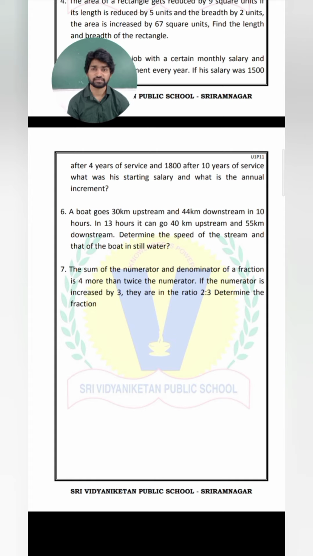What is the numerator? It is x. Twice is 2x, 4 more, so 2x plus 4. x plus y is equal to 2x plus 4. If the numerator is increased by 3, that is x plus 3, they are in the ratio 2:3, that is x plus 3 divided by y is equal to 2:3.